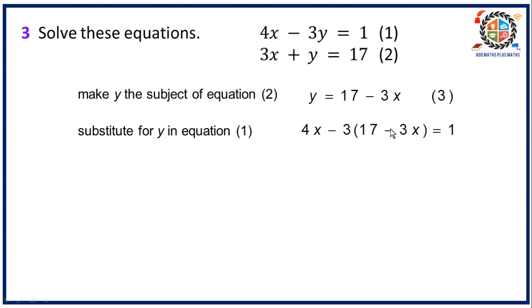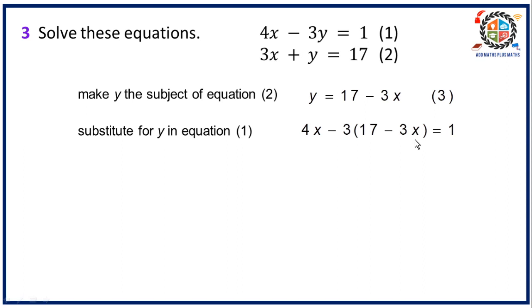Again, I will repeat, don't forget to put that quantity into a bracket, because I need to expand this bracket and distribute negative 3 to 17 and negative 3x.